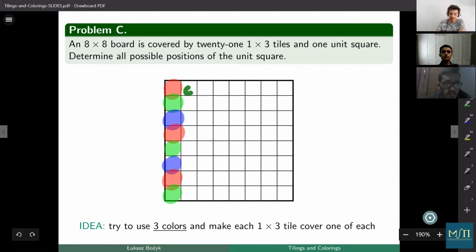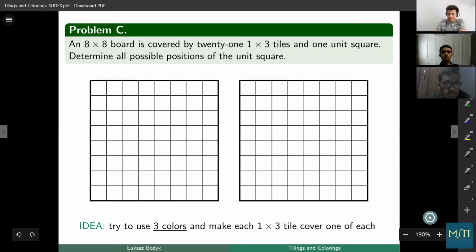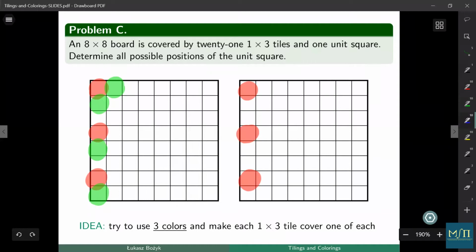So let us consider those cases separately, where it's green and where it's blue. I'm trying to reproduce what we had. And I claim that now we are able to finish both of the colorings.